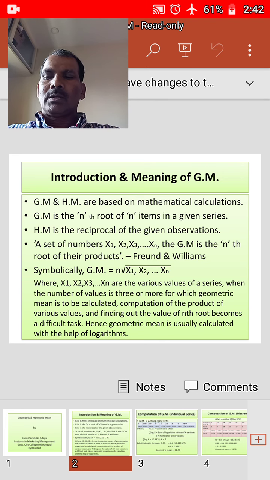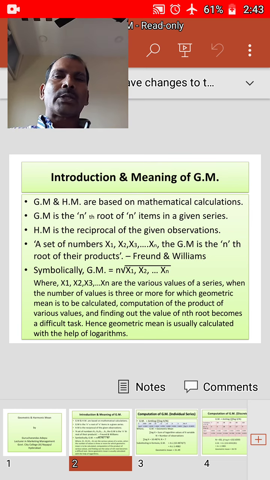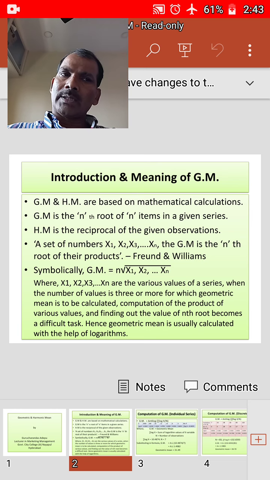According to Fry and Williams, given a set of numbers, that is x1, x2, x3, ..., xn, the geometric mean is the nth root of their products. Symbolically we can show this as the nth root of x1, x2, ..., xn, where x1, x2, x3, ..., xn are the various values of a series.